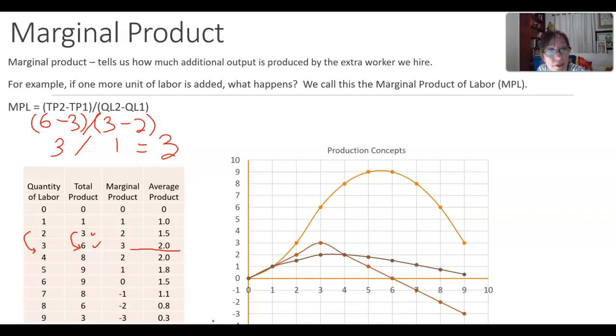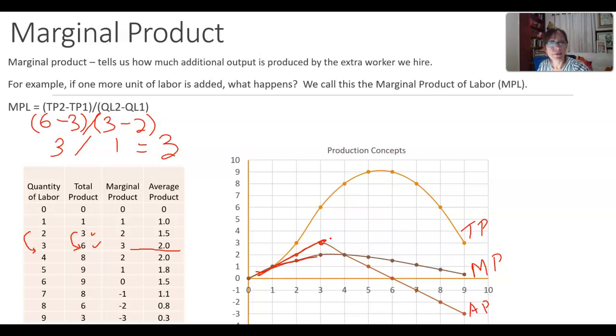This is our total product curve. This is our average product curve, and this is our marginal product curve. So as we add more people, we can see that our marginal product is increasing right here. Now note that it tops off at person number 3.